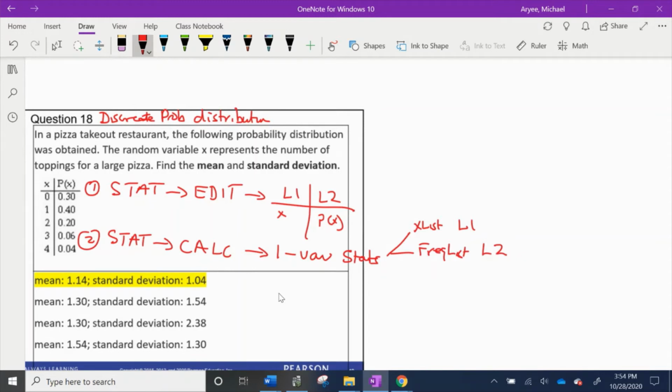Remember that L1 is second, then 1, and L2 is second, then 2. Then you say calculate, and you are looking for x bar, and then you are looking for sigma x.